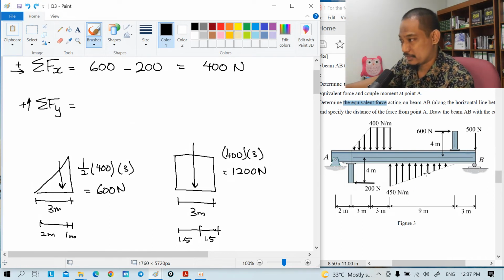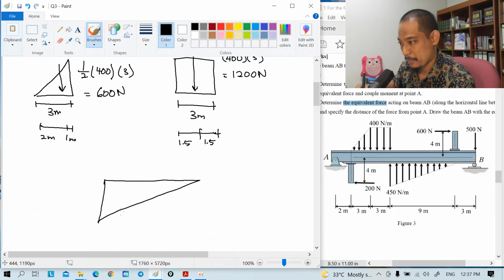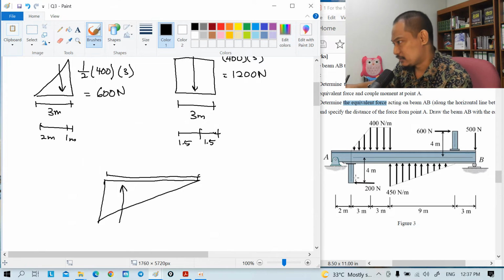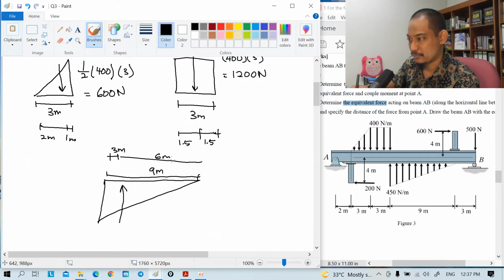Alright, and then the other one is this one below. Of course, it's half, at 1/3 and 2/3 distance, right? The total distance is 9, so this 1/3 becomes 3 meter, and the rest is 6 meter.